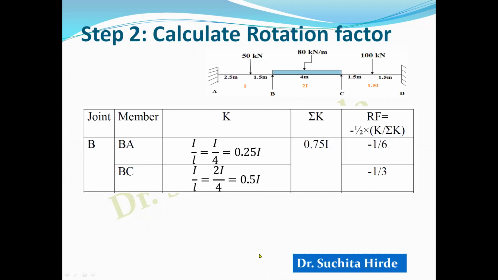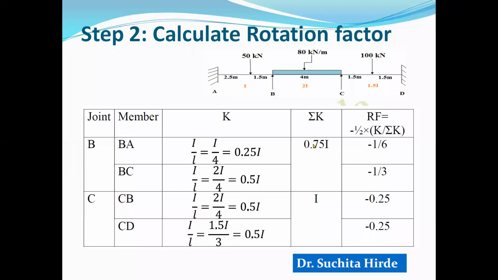Similarly, you can calculate rotation factor at joint C. At joint C, there are two members, CB and CD. We know that K is equal to I by L for both the members because it is a continuous end here, so I by L, and here a fixed end, so I by L. If it is a hinge support, then it is 3/4 I by L. So here I is 2I and here 1.5I.